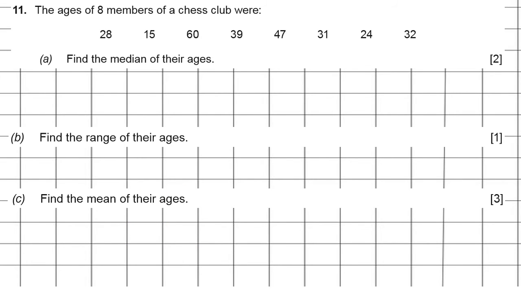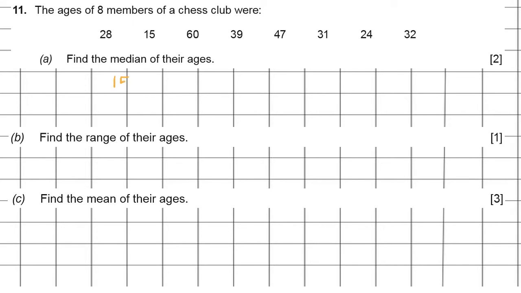The ages of 8 members of a chess club were 28, 15, 60, 39, 47, 31, 24 and 32. Find the median of the ages. Okay, so what is median? It's the middle number. So first we have to rearrange these.